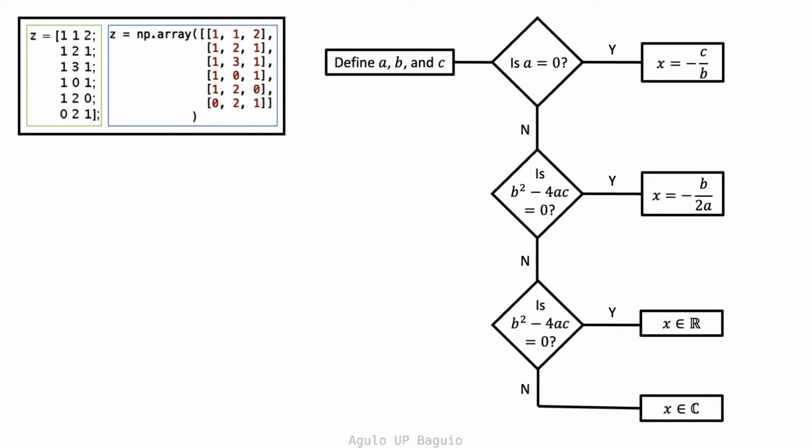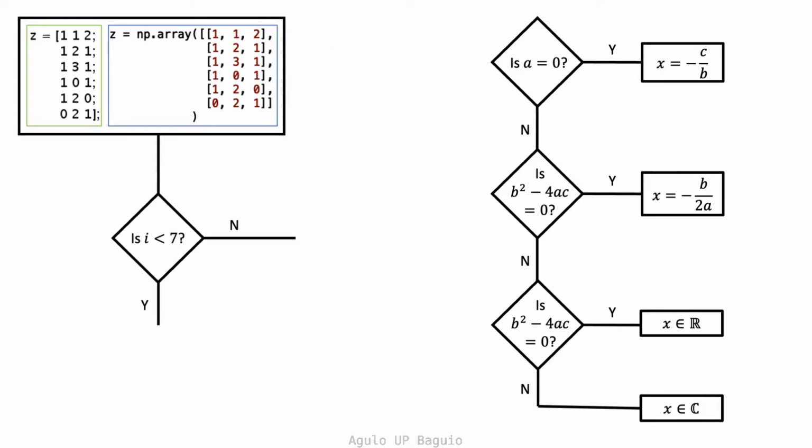In the flowchart, I can simply add the question, is I less than 7 for MATLAB, or is I less than 6 for Python? If this is true, the program should just feed the elements of the ith row to the coefficients a, b, and c. You can also use I is less than or equal to 6 for MATLAB, or I is less than or equal to 5 for Python, and the result will be the same.